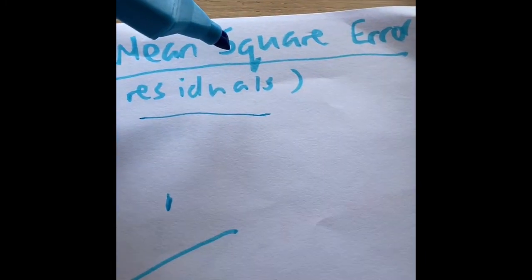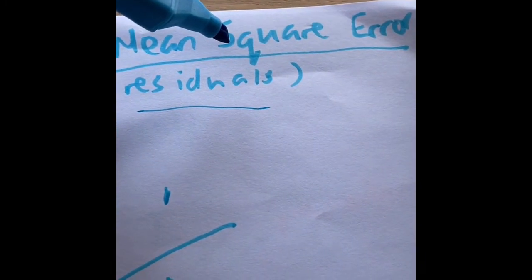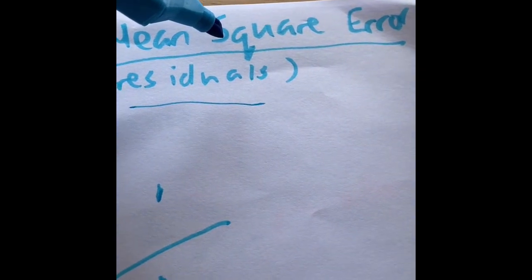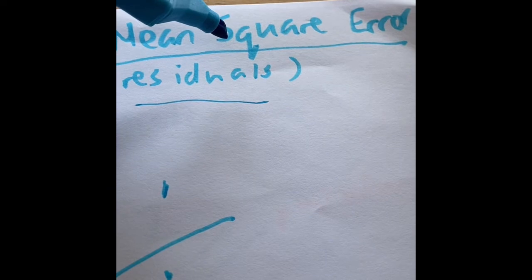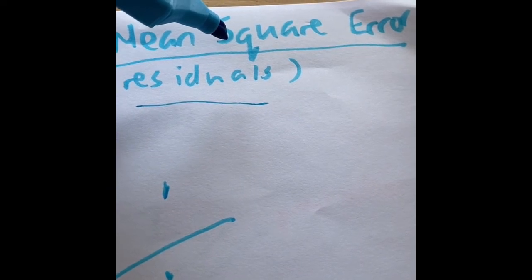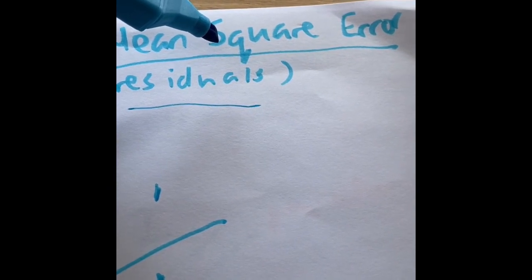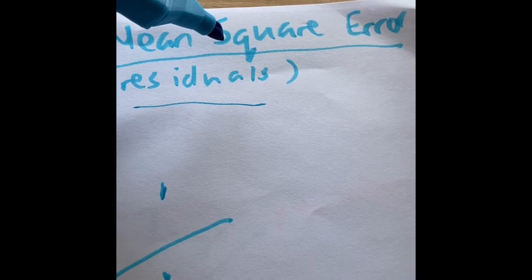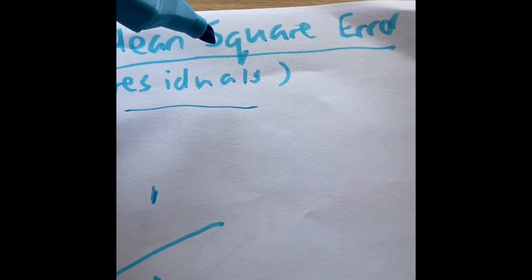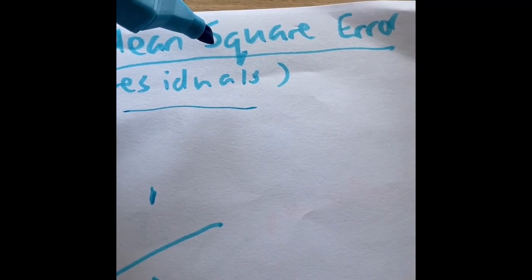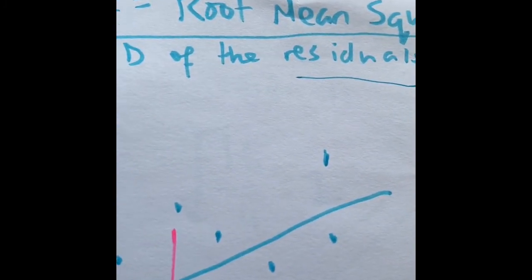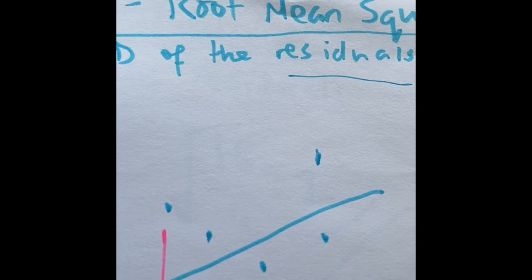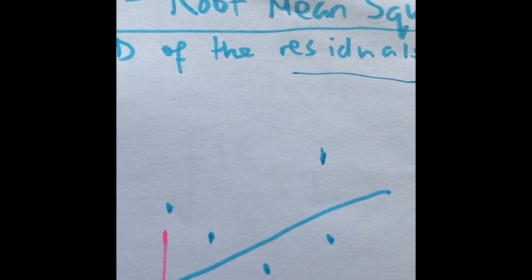You multiply the apparent size of the gaps, the differences between the real and predicted values, and it's not in the same terms as the thing that you're actually looking at. So squaring things is good for getting rid of the negative numbers that I'm about to talk about, but you need to take the square root in order to get back to the same term as you're looking at.